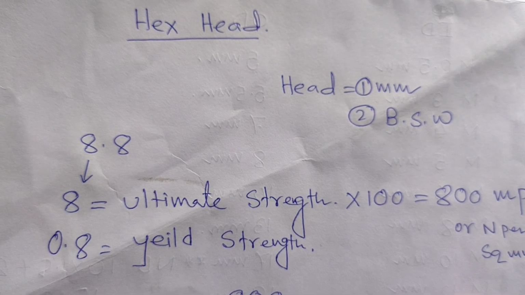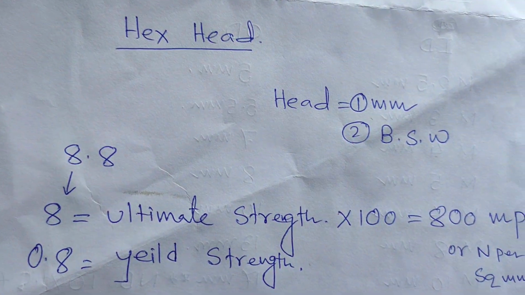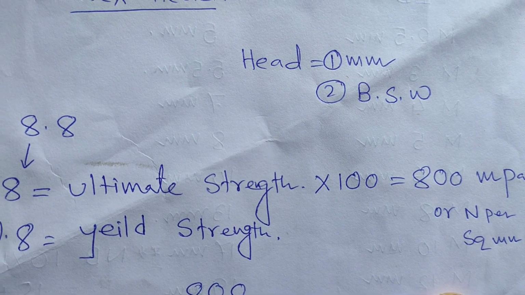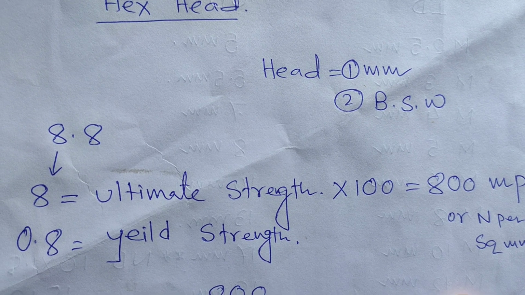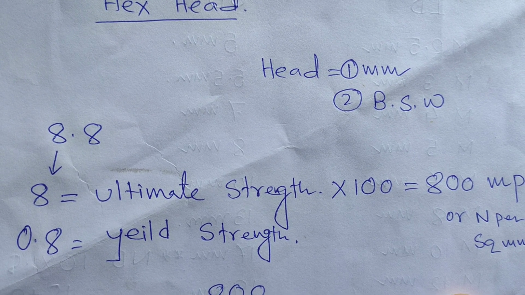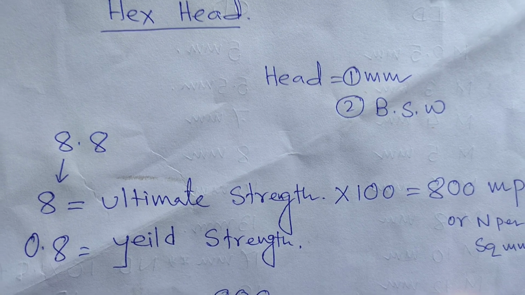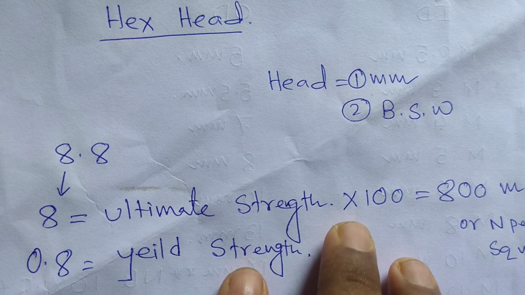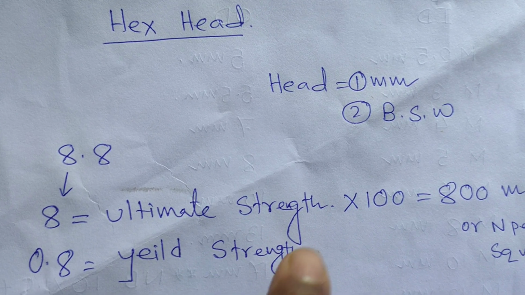But if you are forcing more than 800 Newton per square mm, the nut will obviously be broken or damaged, and some dangerous situations can happen. So you have to know the ultimate strength of the nut.